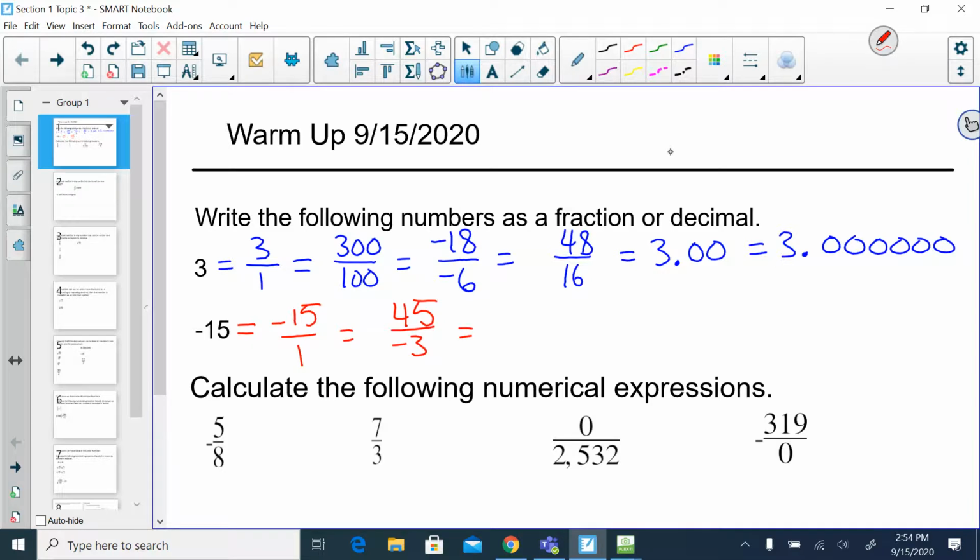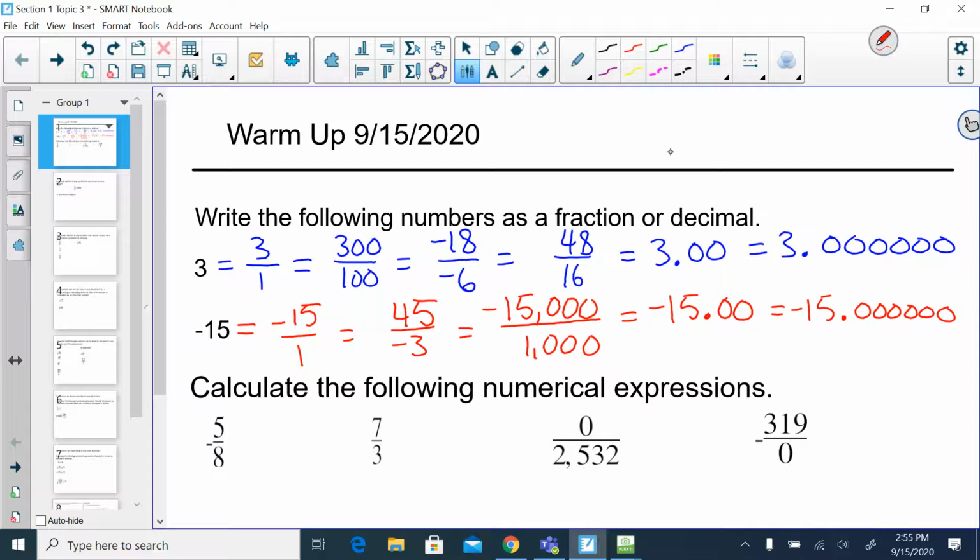We can also say this is a negative 15,000 over 1,000. This is also the same thing as saying negative 15.00 or negative 15.000000.